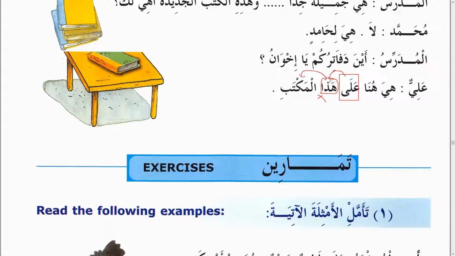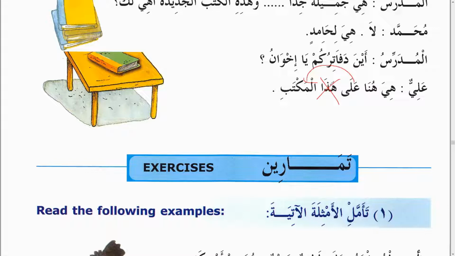Any word which comes after demonstrative pronouns and has an alif lam is called badal. Badal is something like a substitute. Ala hadal maktabi, and it will take the case endings of this word because this is majroor, but it's mabni. If that is confusing, then what we can do is delete this hadha. Then ala will hit directly here, right?